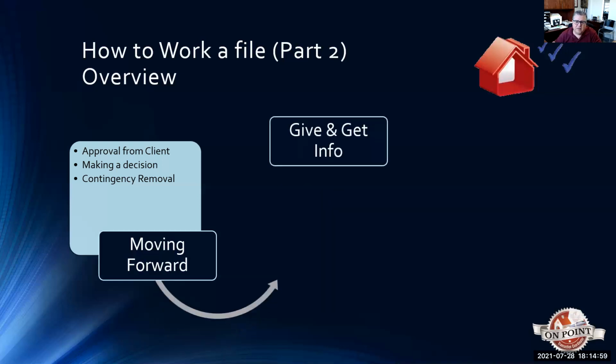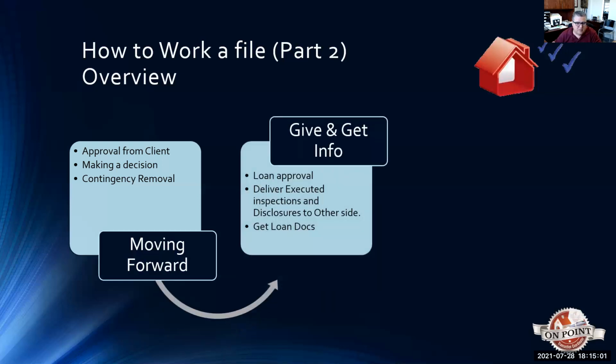I got a little long-winded on that one, but I feel strongly about that point because I have a lot of agents that like to do a bunch of requests for repairs because they can, and it's not a good idea negotiating-wise. If you want to be an aggressive negotiator, do it once, hard and fast.